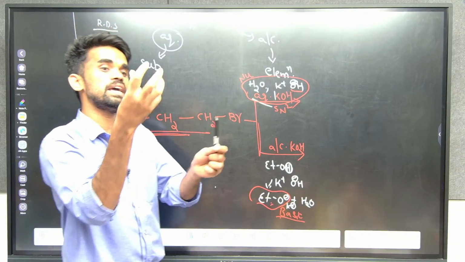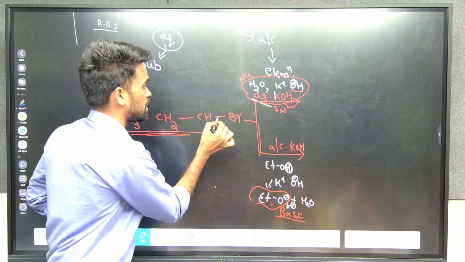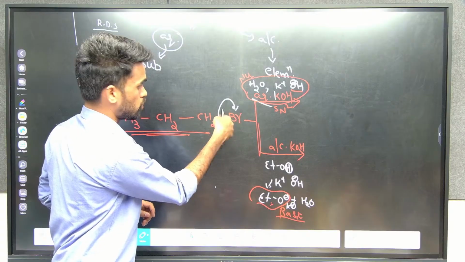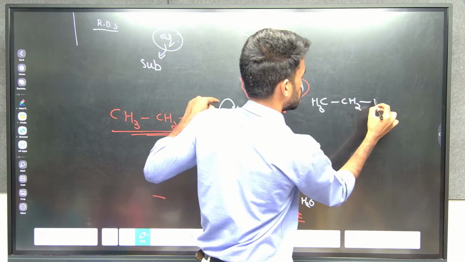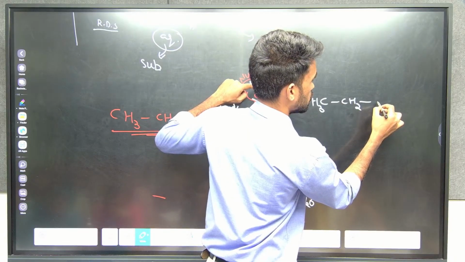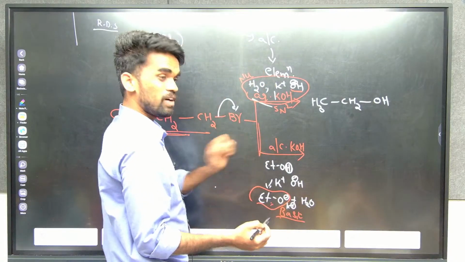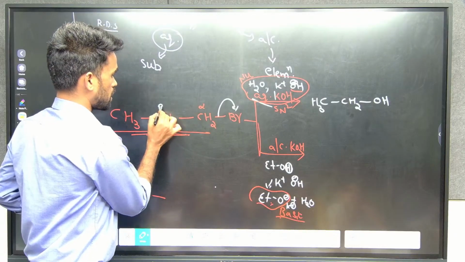So what is the difference between nucleophile and base? Base means it will take the proton. If I say nucleophile, it won't take the proton, it will replace the bromine. So bromine comes out and you write the remaining CH3CH2, and the nucleophile we have is OH. This is your product. Here what happens, tell me? This is the alpha carbon, this is the beta carbon.